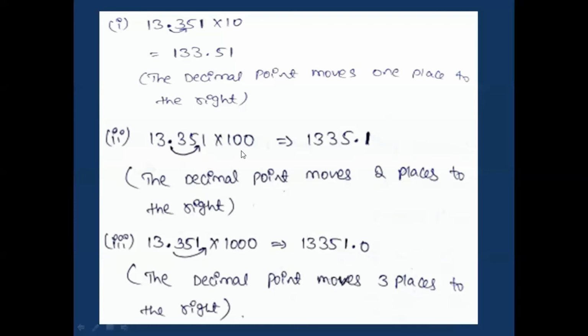Here we are multiplying with 100. The decimal point moves 2 places to the right. That is 1335.1. Next, 13.351 into 1000. When we multiply with 1000, the decimal point moves 3 places to the right. That is 13,351.0.